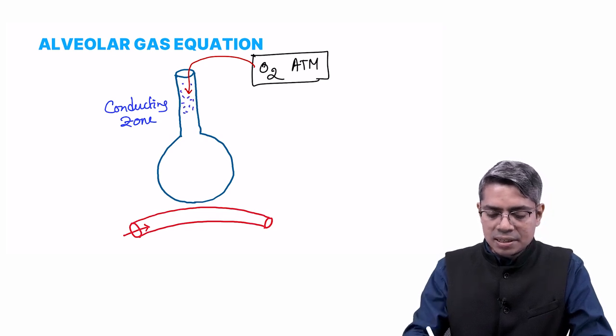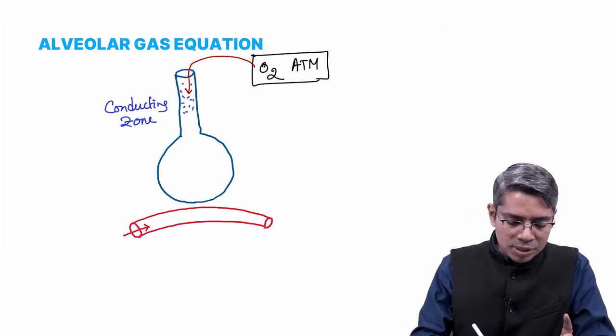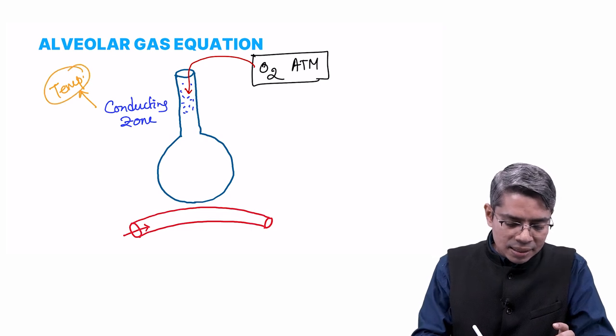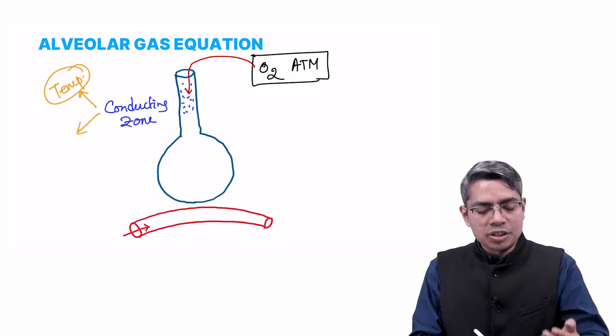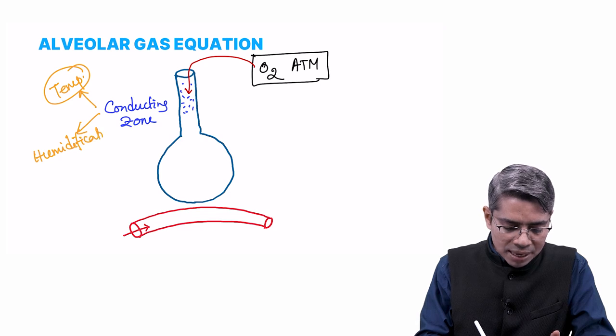What are the certain changes? There will be two things. There will be a change in temperature of the atmospheric air which is entering inside your lung, and second, there will be moisturization, or humidification, of the air which is entering your lung.